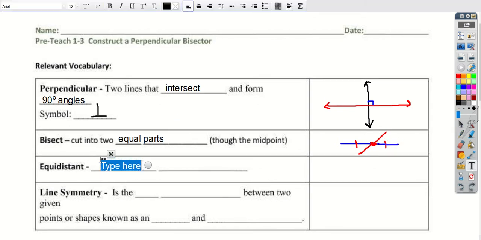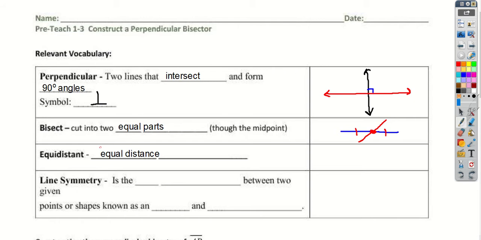Equidistant means equal distance between two points or shapes or whatever you want to talk about. So if we have, let's say, a point over here and a point over here, and we put a point in the middle up there, these are going to be equidistant if this segment is congruent to that segment.